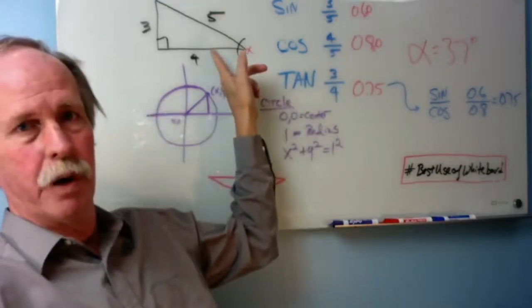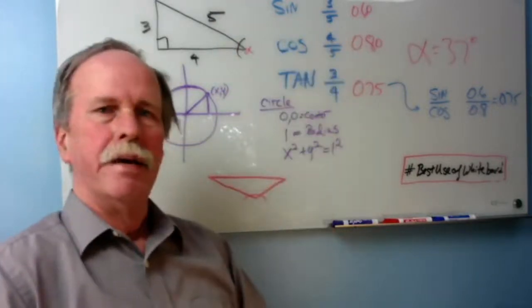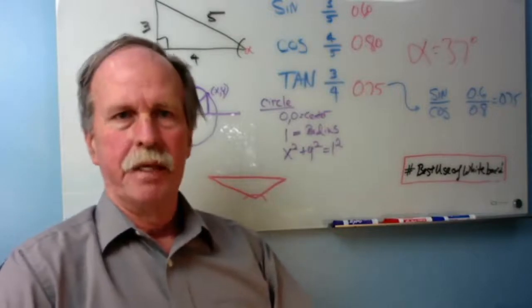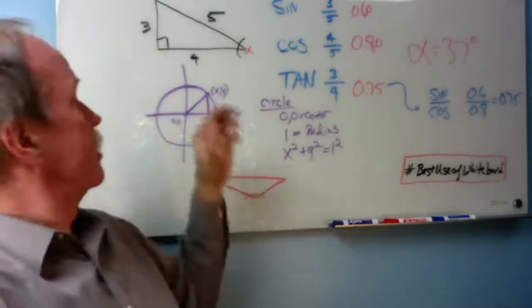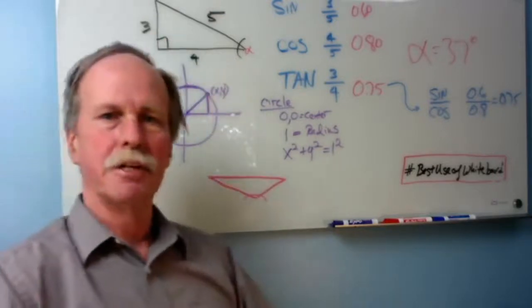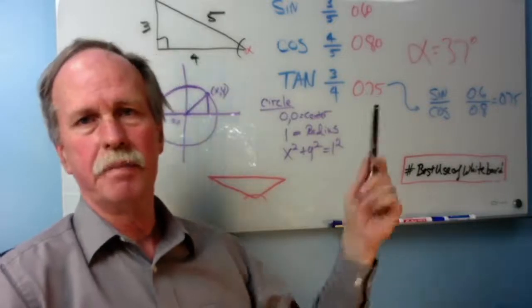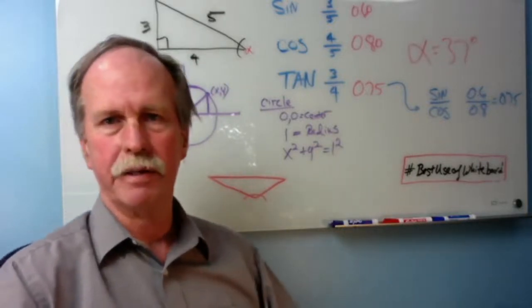So it would be 4 over 5, or 0.8. And finally, what's the tangent? The tangent is a combination of the two. It's the opposite over the adjacent, so 3 over 4. Now, for those of you that are curious, that works out to be about a 37-degree angle, angle alpha.